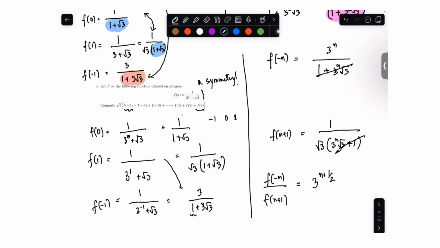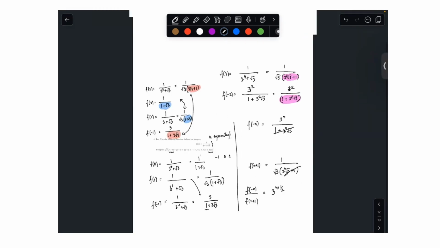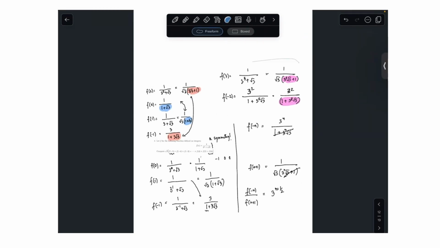Root 3 gets to the top, right? So this is the beautiful relationship that we have got.